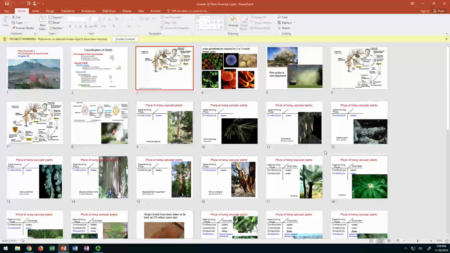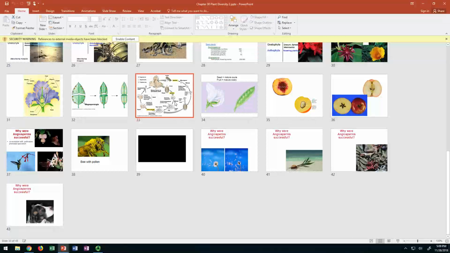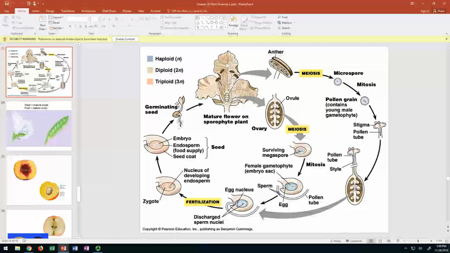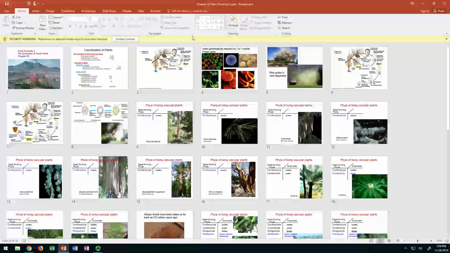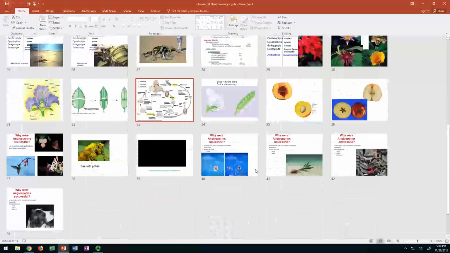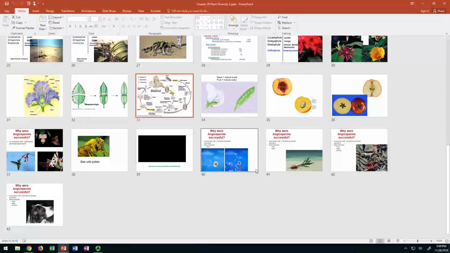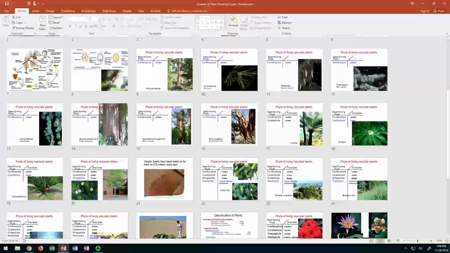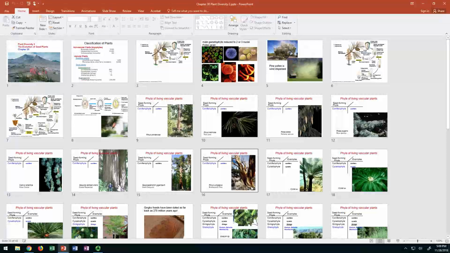Does anybody remember which ones were free living and not free living? No? Me either. I don't remember off the top of my head which ones are and which ones aren't. That's what I get for not preparing slides, right?